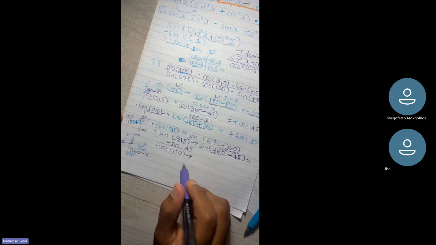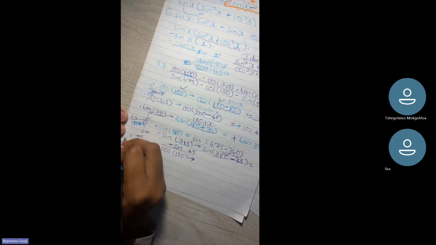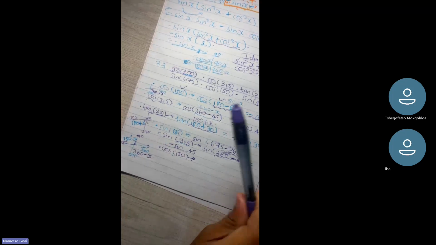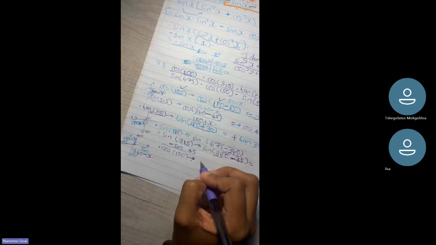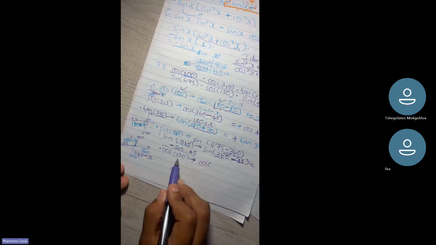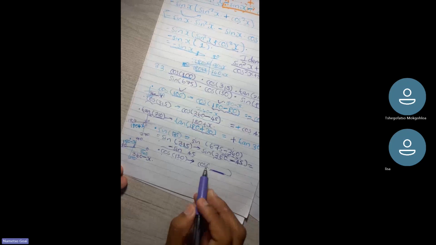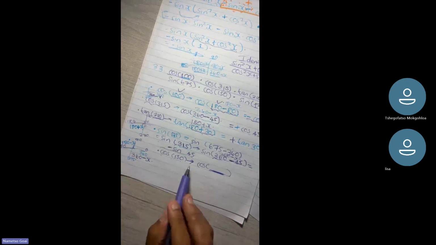So what operations had to be done? Remember, the operation in the second quadrant is 180 minus x. So what operations had to be done in order for us to have cos 150?